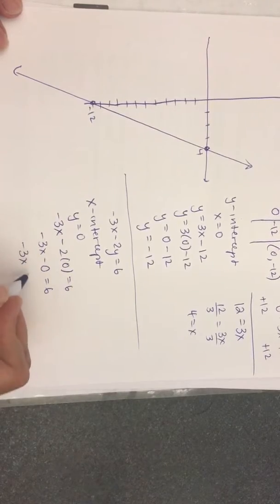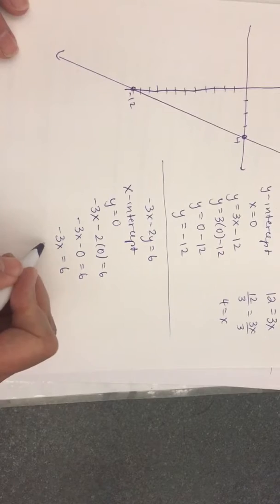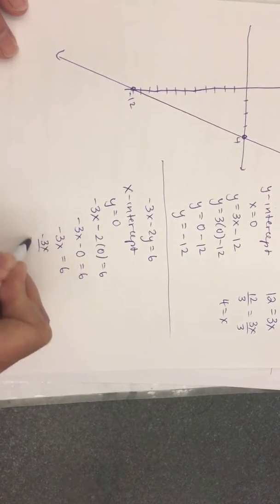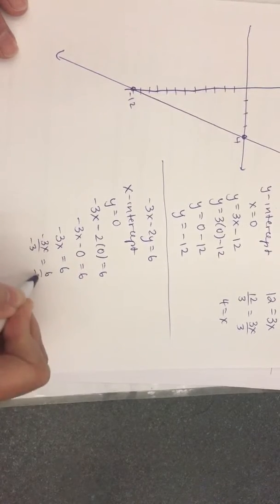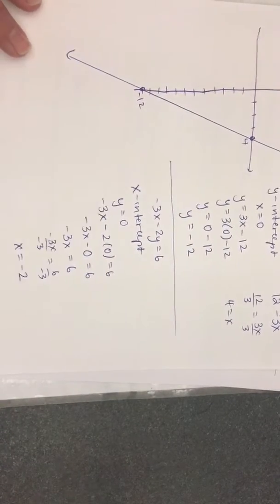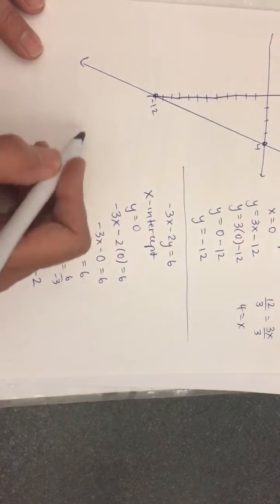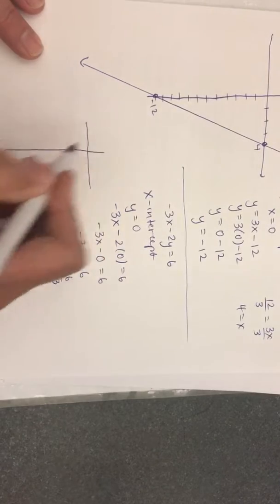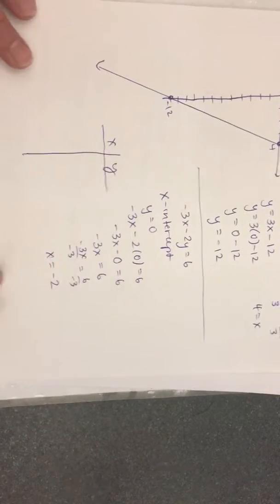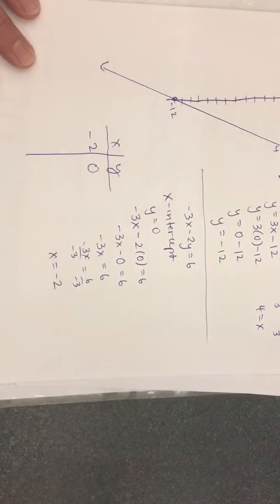Well, negative 3x minus 0 is negative 3x. Negative 3x equals 6. Divide both sides by negative 3. I'm going to get x equals negative 2. So if I organize this in a t-chart, I'll put my little t-chart right here. Y is 0, x is negative 2.